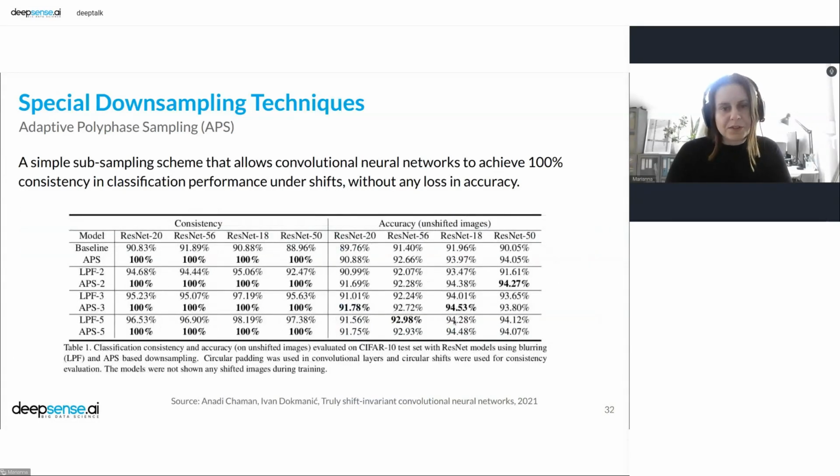Here is a table that shows that the proposed subsampling technique allows for better consistency in comparison to baseline models, but also in comparison with anti-aliased networks, LPF here.